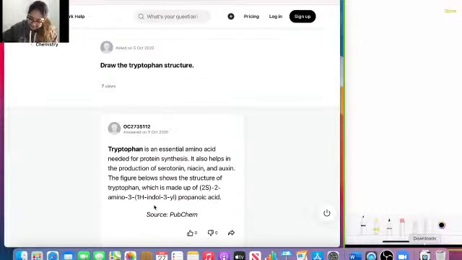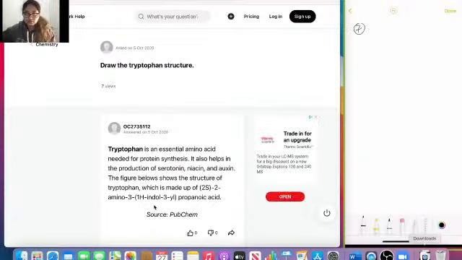Number 7 says draw the tryptophan structure. Okay, so some background information. Tryptophan is an essential amino acid needed for protein synthesis.